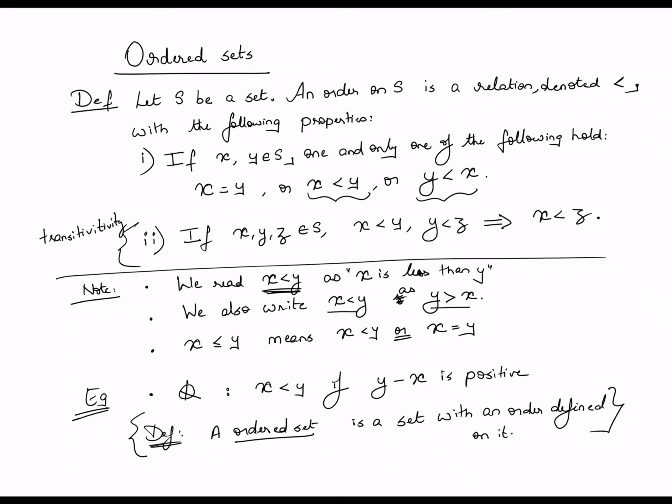Yeah, I needed to clarify this because in this definition, we only define what it means for something to be a valid order on the set. So once you have a valid order on the set, the combination of the set and the order together is called an ordered set, right?